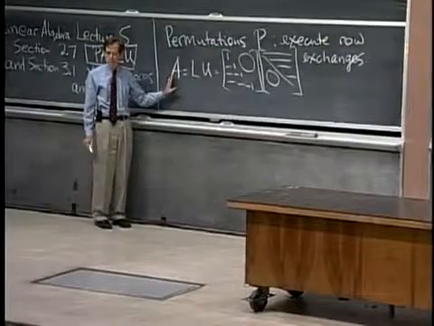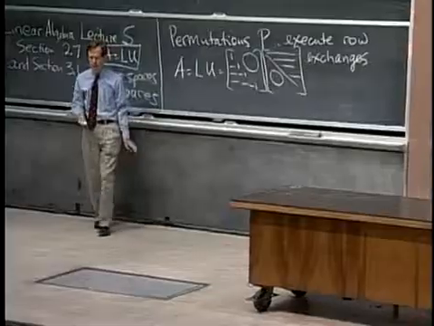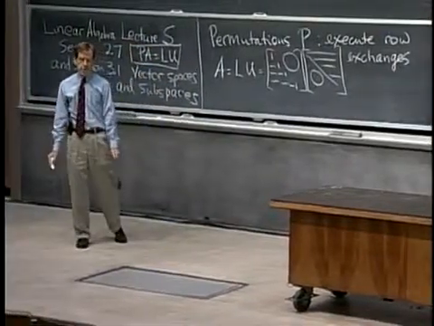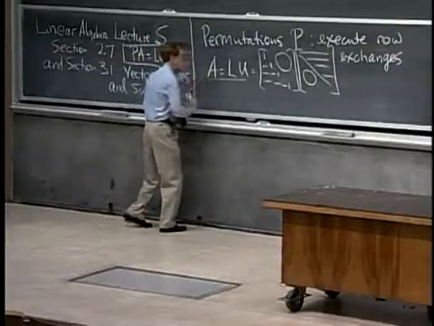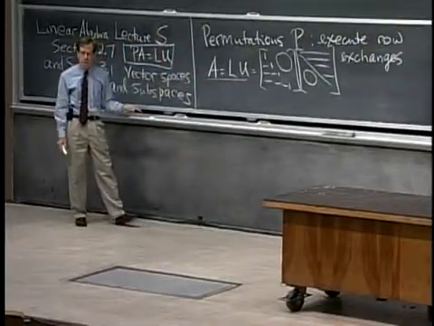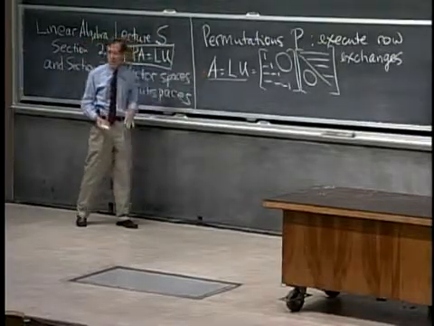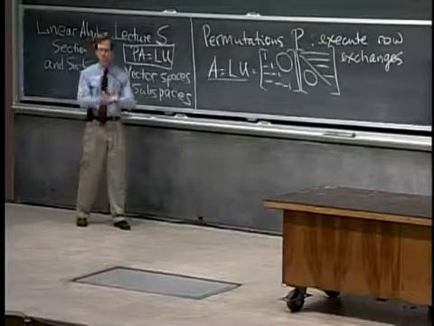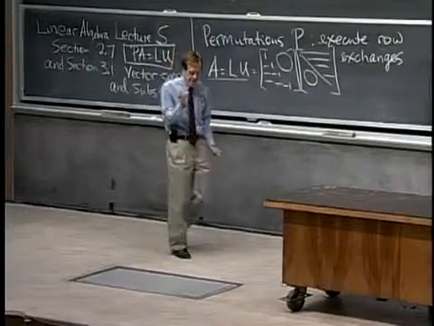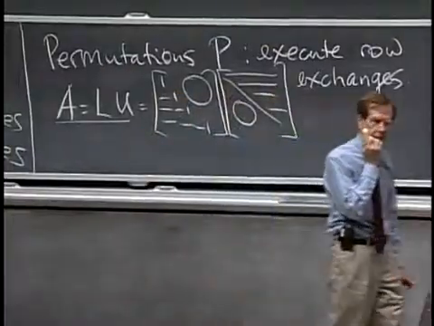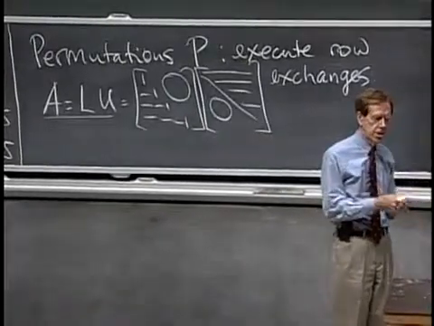That's only possible. That description of elimination assumes that we don't have a P, that we don't have any row exchanges. And now I just want to say, okay, how do I account for row exchanges? Because the P in this factorization is the identity matrix. The rows were in a good order, we left them there. Maybe I'll just add a little moment of reality, too, about how MATLAB actually does elimination.